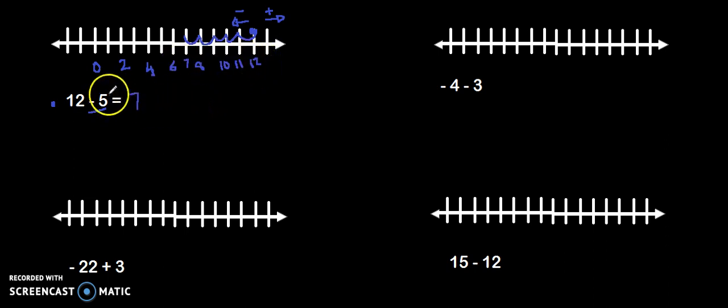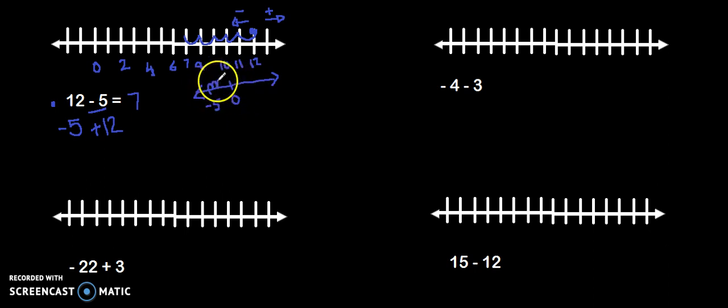Now you must be wondering why I gave you such a simple problem. The reason I did that is because I wanted to show the other way of writing this. Minus 5 plus 12. If I start at minus 5 and I add 12 to that, well, in order to get to 0, how much have I added?